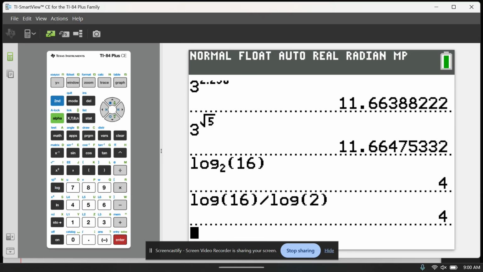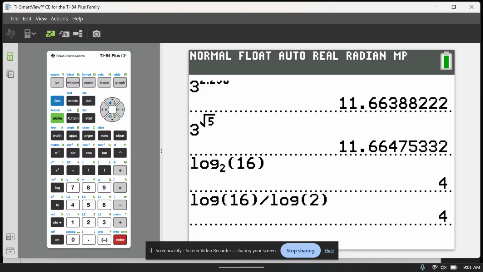Same answer. Okay, so that's the change of base formula. It also works. I will catch myself a lot of times doing it that way just by default, because that's the way I learned it. And so my brain just automatically goes back to doing it that way.